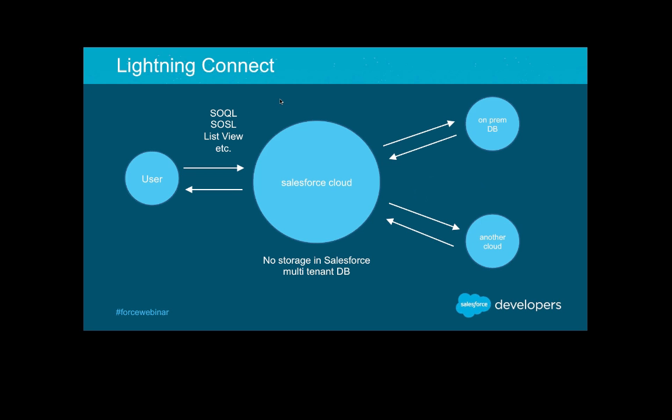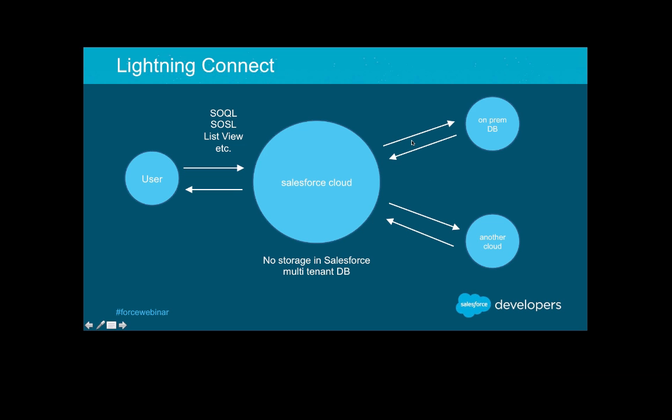This is basically an integration architecture where I have my user that's going to be accessing some Salesforce functionality, and they'll go and access some data either from an on-premise database or maybe some other cloud. They then get that back, and this is all done using integration, but the nice thing is that there's no code on the integration side over here.